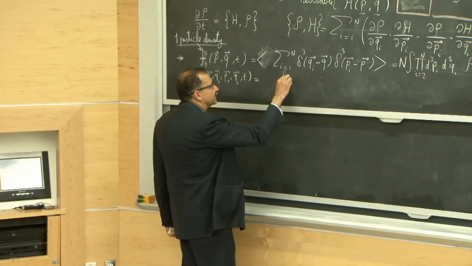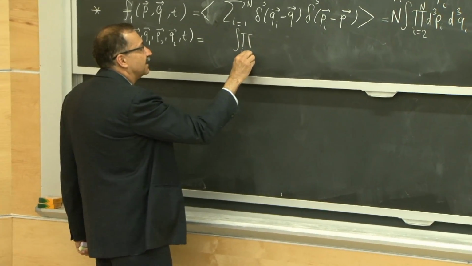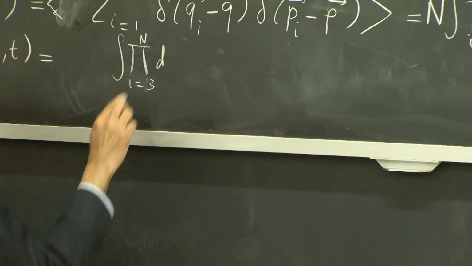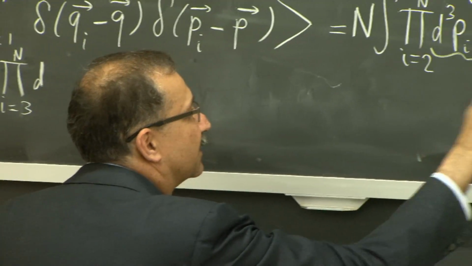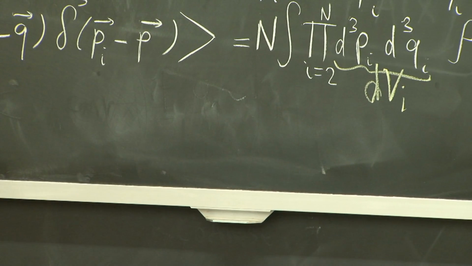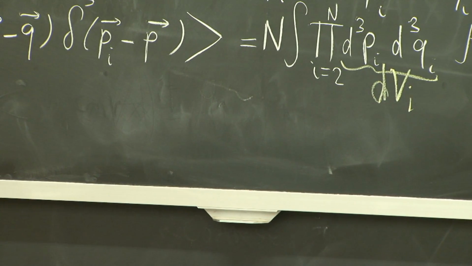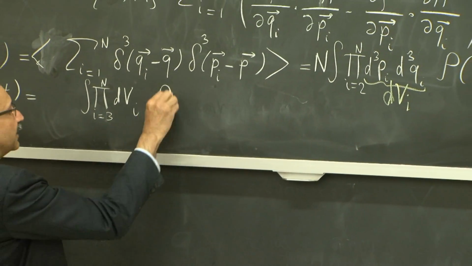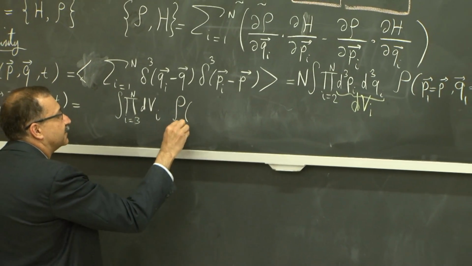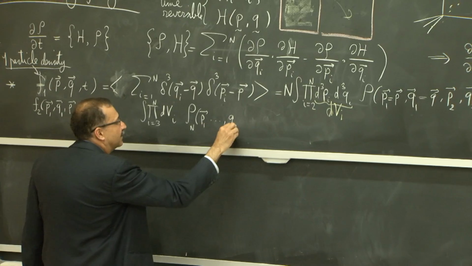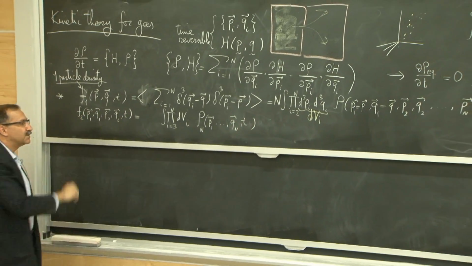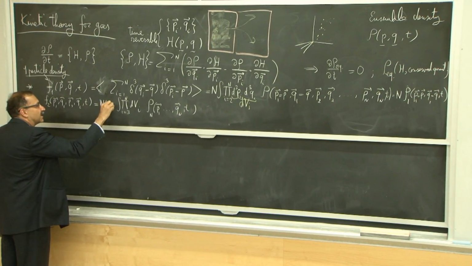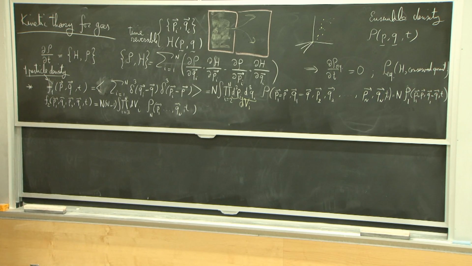So I introduce an integration over coordinates number 3 all the way to n, and to not have to repeat this combination all the time, the 6-dimensional phase space for particle i I will indicate by dvi. So I take the full n particle density, integrate over everybody except 2, and up to a normalization of n minus 1, this is called a two-particle density.